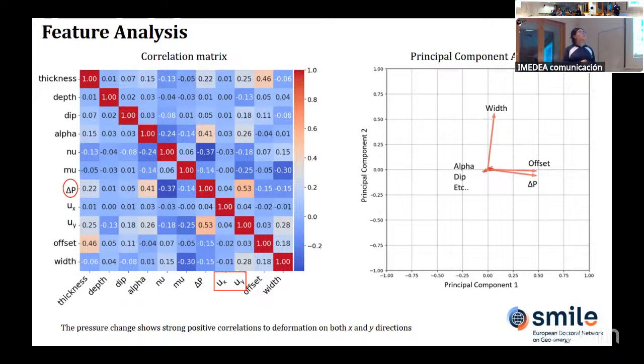Y of the reservoir is another parameter and contributes to a different principal component. And other parameters like alpha, which is the Biot coefficient of the rock, and dip angle are all clustered. So if we want to further analyze different parameters' contributions or combinations, we can use the result from this analysis.